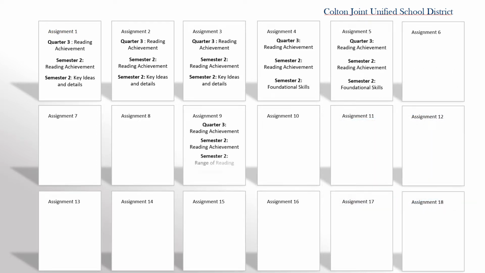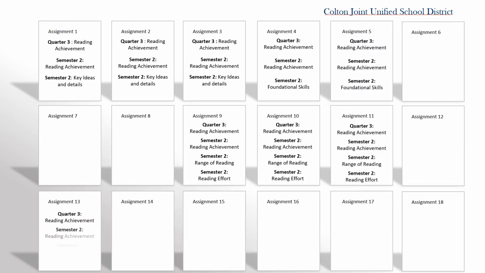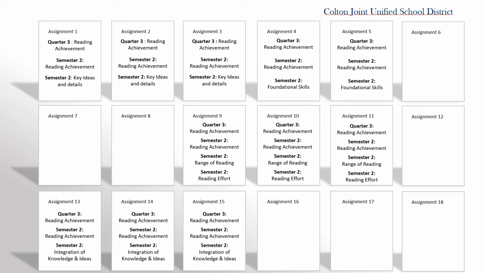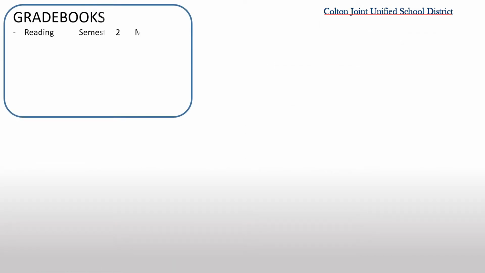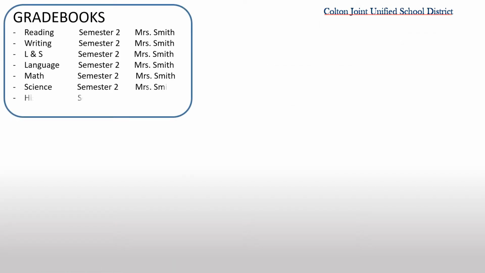This is very similar to how it was done in ORS, where teachers will need to make sure, for example, to link quarter 3 reading achievement and semester 2 reading achievement if the assignment was given within the progress term inside of quarter 3, for example.